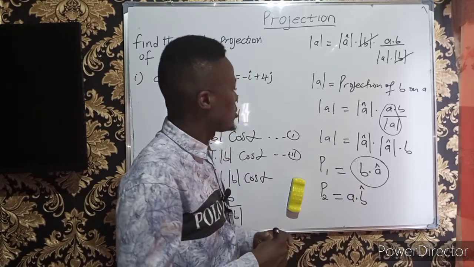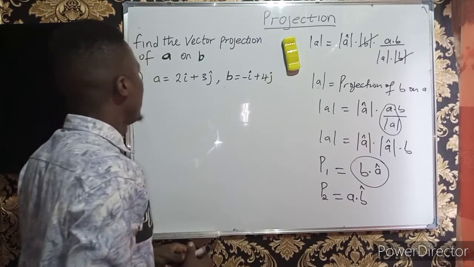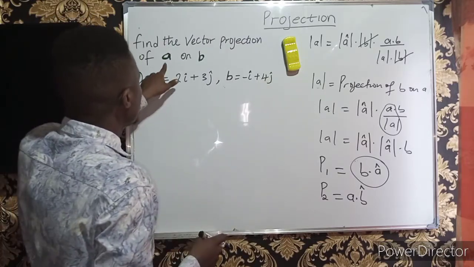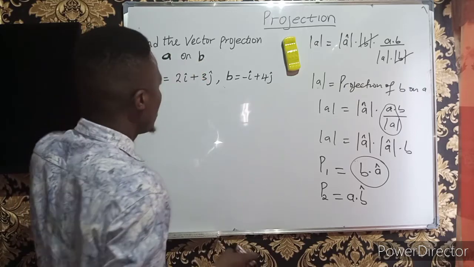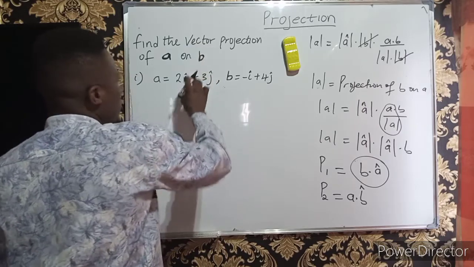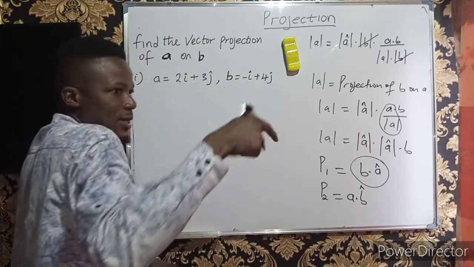So we've just used this little thing we've learned to solve this particular problem. To tackle this problem at hand, we are given this and we are asked to get the projection of a on b. A on b, the one that is suffering now is b, because the projection is on b. Therefore we use the second formula because it is on b, the impact is on b.